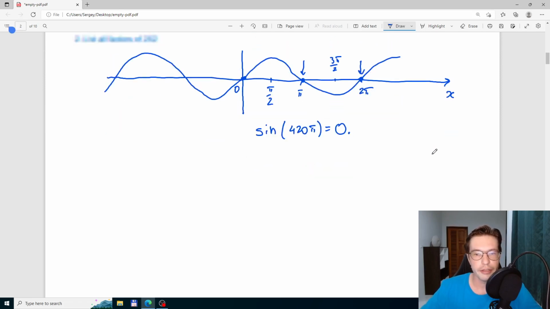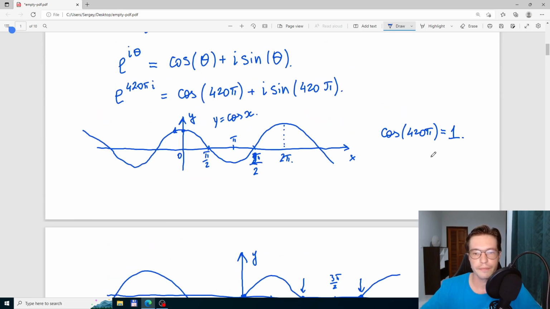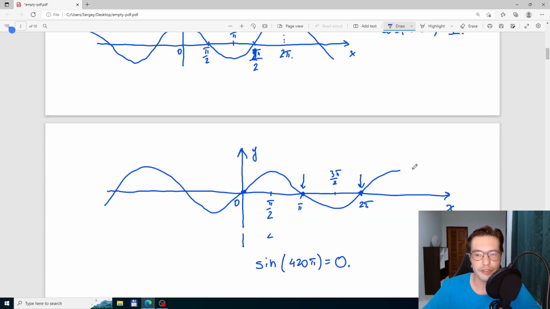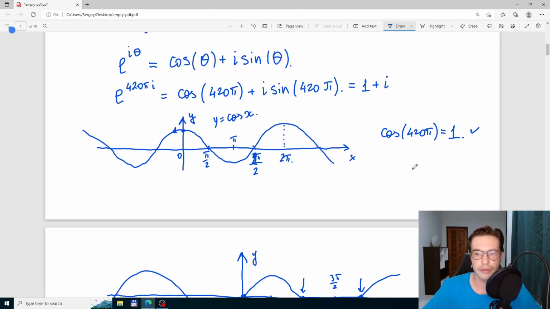Now let's go back. We've got cosine 420 pi, and we know that it equals 1. So it's 1 plus I, and sine 420 pi is 0, so I times 0, that means it equals 1.